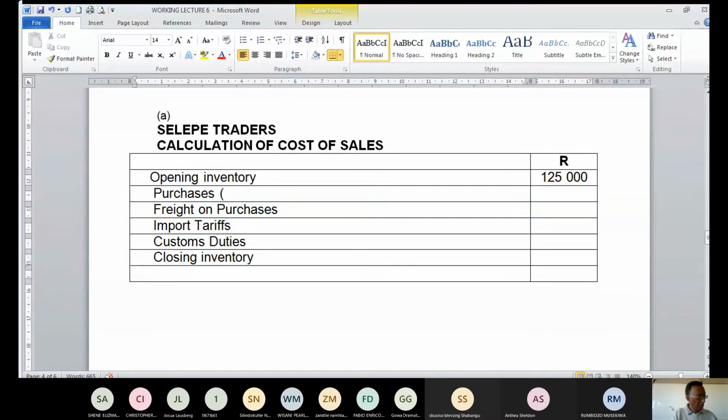So go to your trial balance, you will see that we have got purchases, as well as we have got settlement discount received of 5,210.